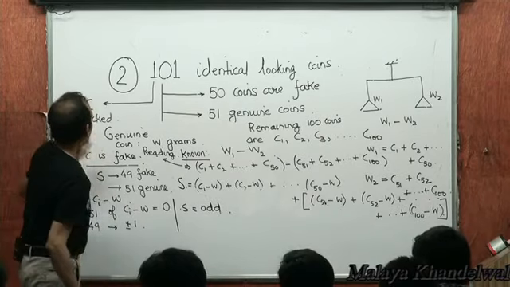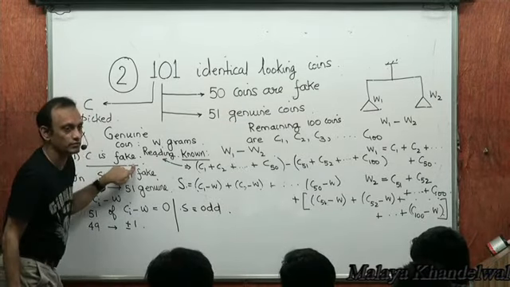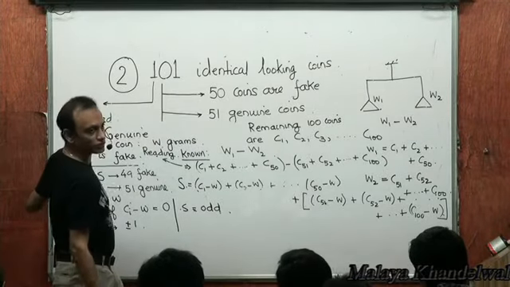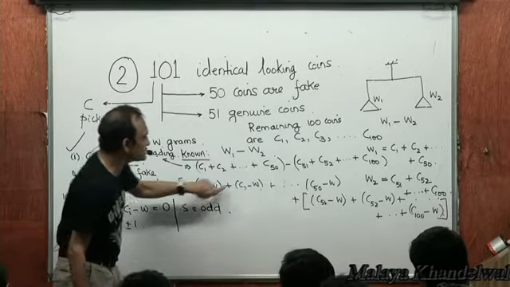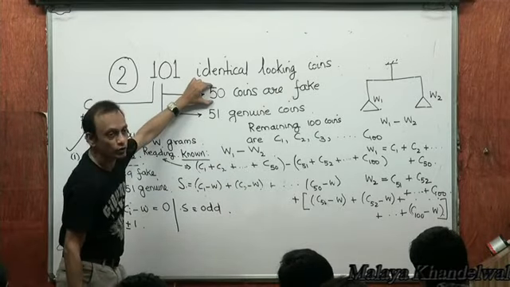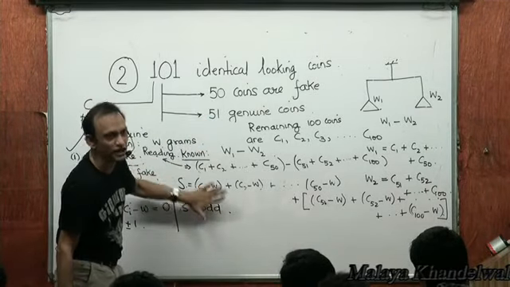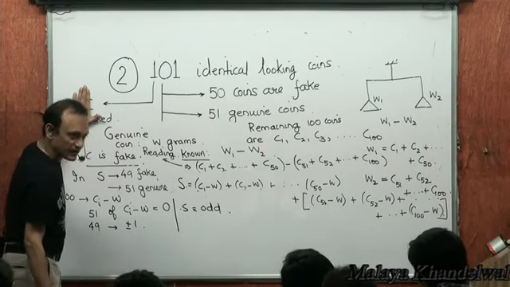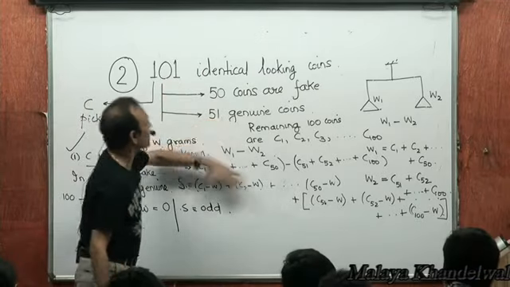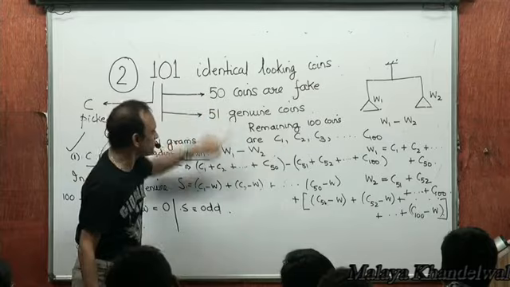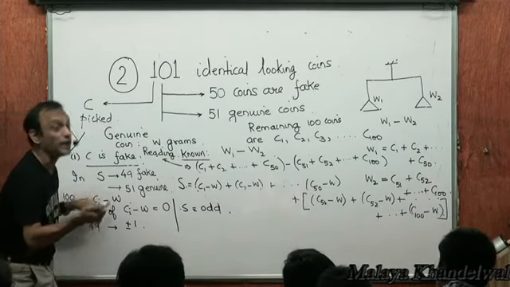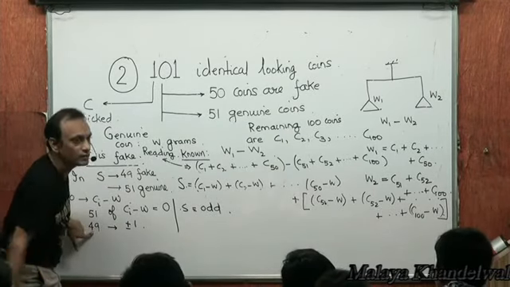Now, if C was fake, that means I have one fake coin out of this. That means in these Cis, there must have been 49 fake coins and 51 genuine coins. If the fake coin is excluded, then in the remaining 100, 49 must be fake coins. That means 49 of these Cis must be fake and 51 of these Cis must be genuine.